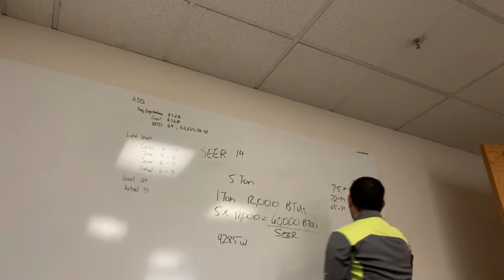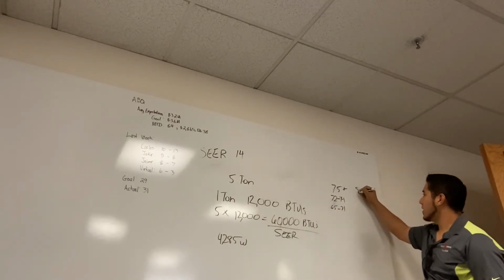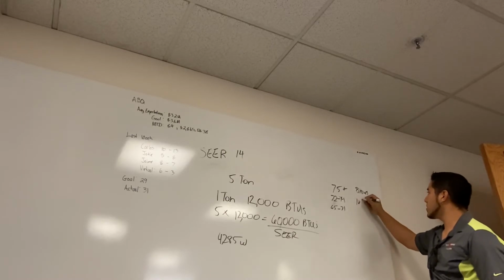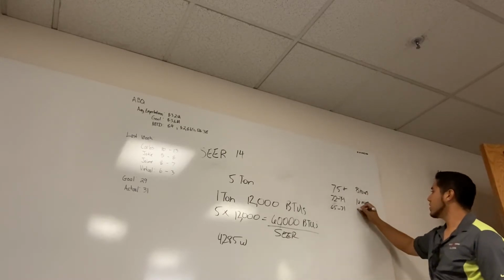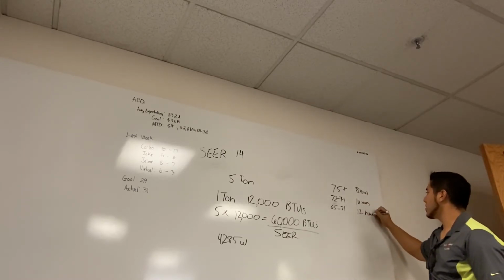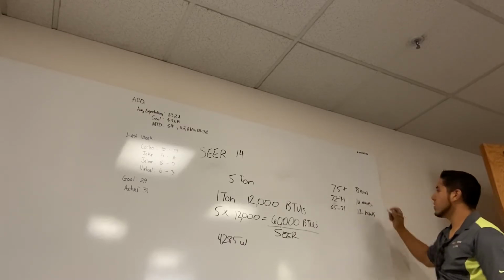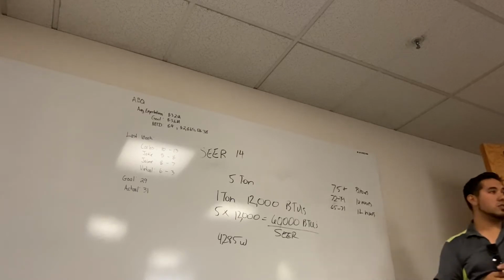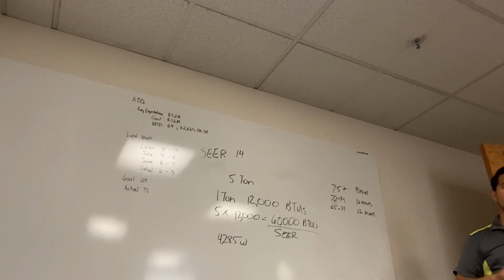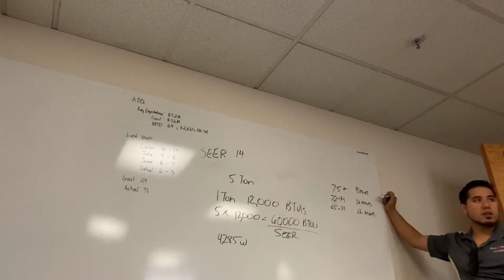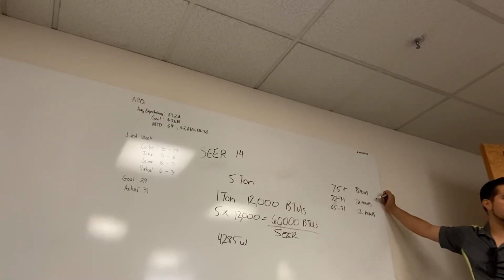What you have here is 8 hours, 10 hours, 12 hours. This is how much the condenser in the AC unit, which is what's drawing all the power, is going to run based on these temperatures.